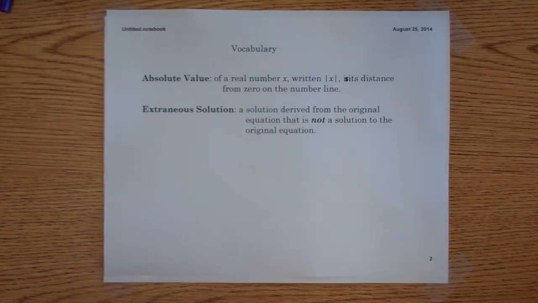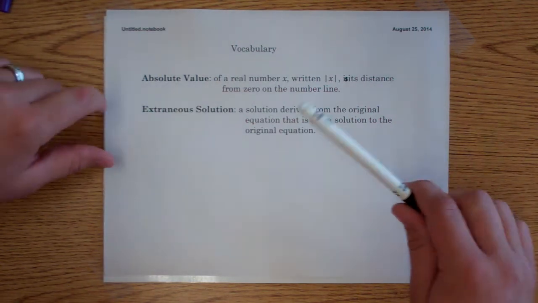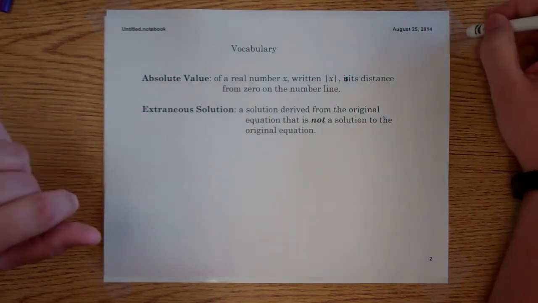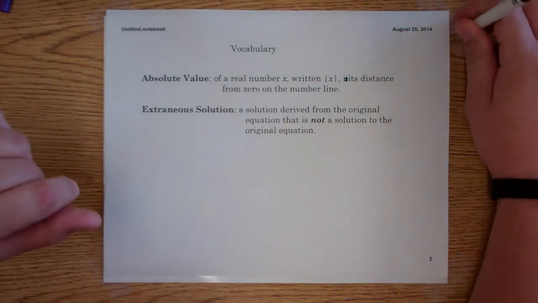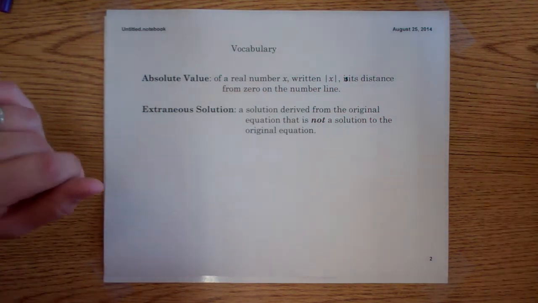So that's an extraneous solution because it does not make sense. Now, to find your extraneous solutions, you have to solve and then plug your numbers back in for x and make sure everything is kosher. I'll show you what I mean by that.